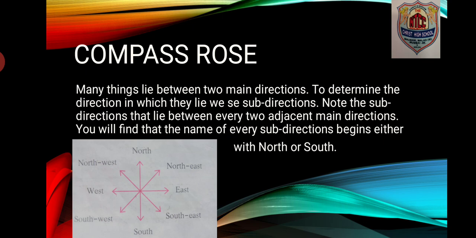Between the north and the west, you can see northwest. Between the south and the west, you can see southwest. So in this way, we should find the four subdirections. I have already told you, every subdirection begins either with north or south: northeast, northwest, southeast, southwest.